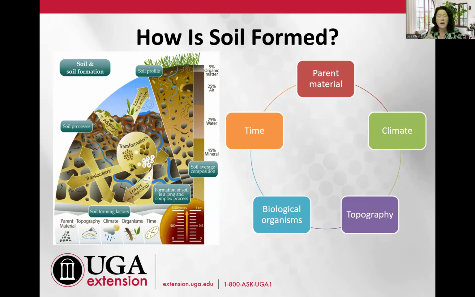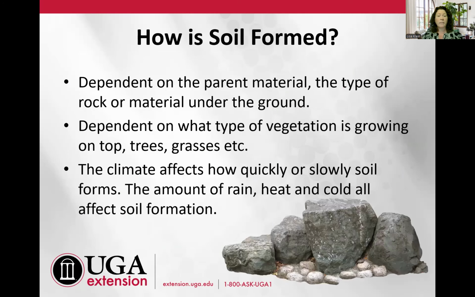And climate, so rain, freezing temperatures, sunshine, UV, all of that stuff is going to work on that parent material, plus a little bit of biological organisms in there, and topography, so hills and valleys and rivers and all of that stuff. They all work together to make that topsoil, or mineral soil, that we all need and love.